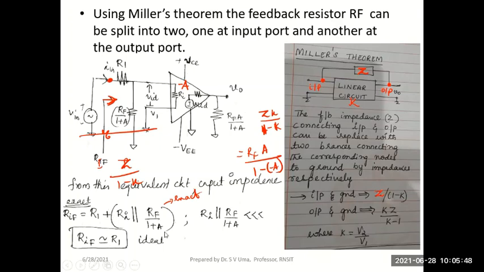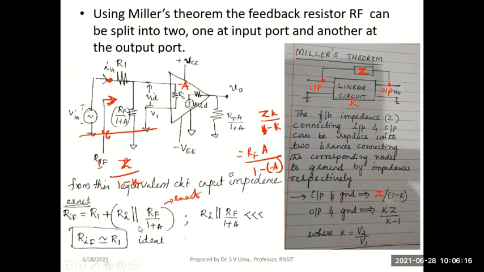But in this parallel combination, we know that RF by 1 plus A will result in a very small value when compared to Ri, the input resistance of an op-amp. And the parallel combination is always less than the smaller value.